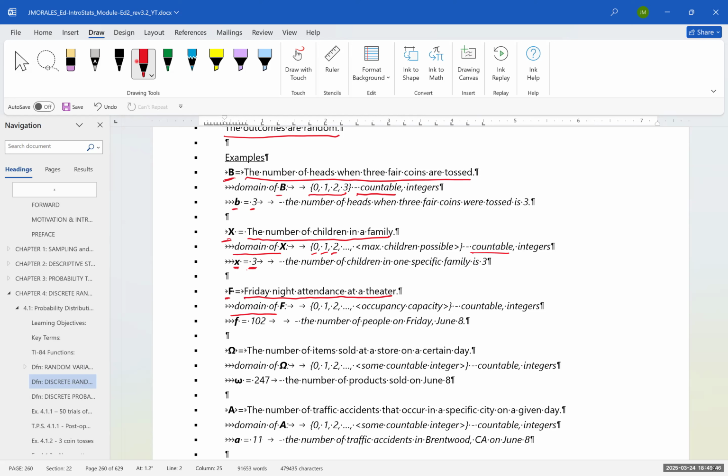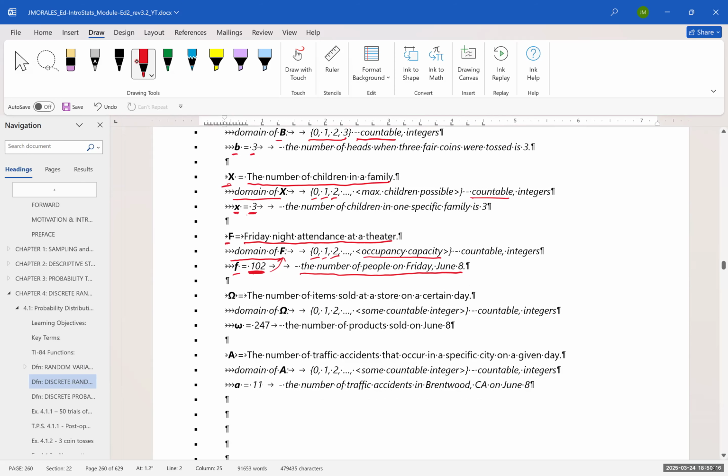And so the domain of that random variable would be 0 people in the theater, 1 person in the theater, 2 people in the theater, and so on up to maybe the occupational capacity of the theater. And we would use a lowercase f to represent one of the values in the domain of the random variable. And this might be the number of people on Friday, June 8th.